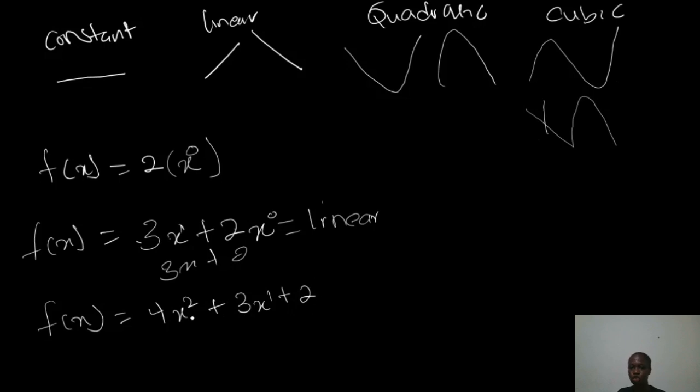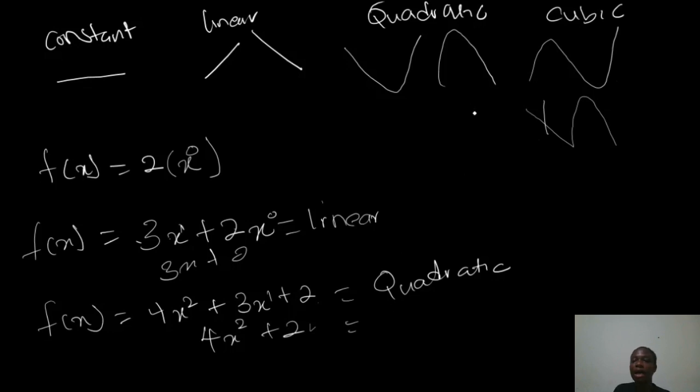So the highest degree is 2. And if the highest degree is 2, it is called a quadratic function. Then this function could have been x squared plus 2. Here is exponent 0. Since the highest degree is 2 here, it's still called a quadratic function.